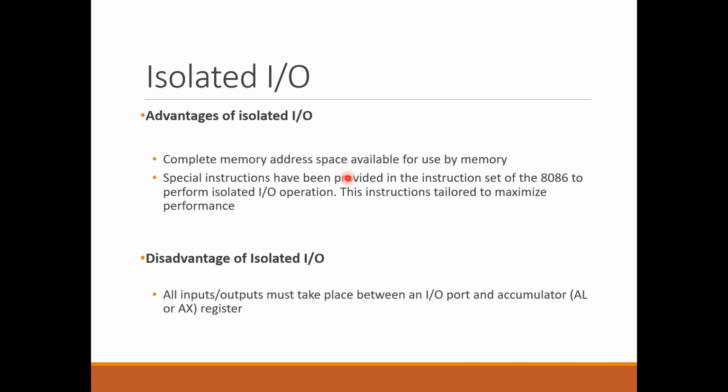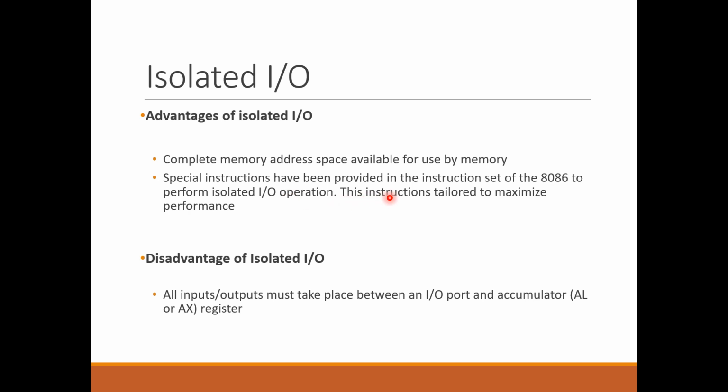Another advantage is that some special instructions provided in the instruction set of the 8086 microprocessor can be executed whenever the microprocessor is interfacing with the input and output devices using the isolated I/O interface.